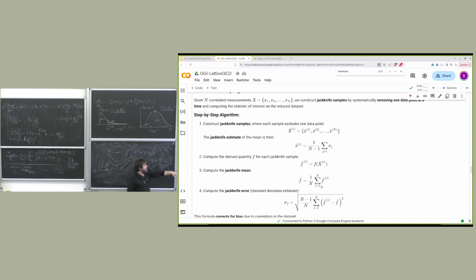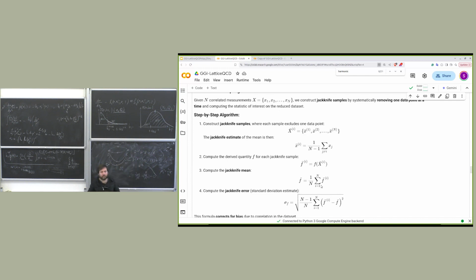But the standard error on that function you can get from that other formula, by computing the standard deviation of the function without this piece, times n minus 1.